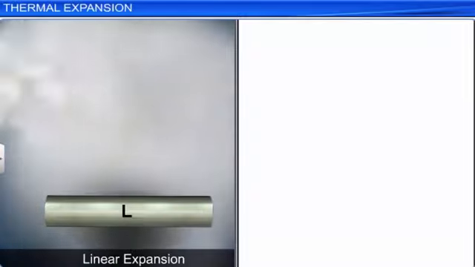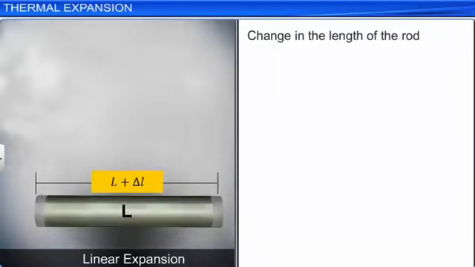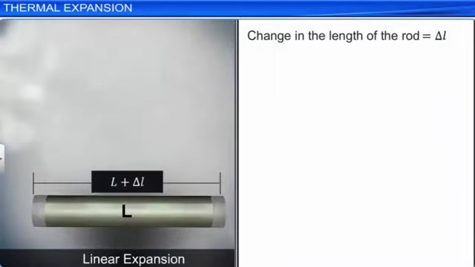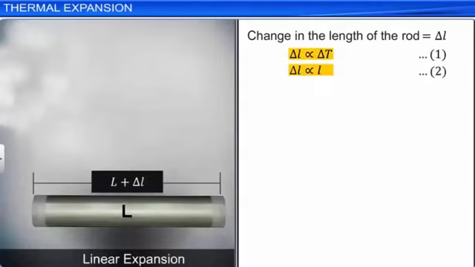It is experimentally observed that the change in the length of the rod, delta L, is directly proportional to the change in its temperature, delta T, and also directly proportional to the initial length of the rod. Thus, we get equations 1 and 2.